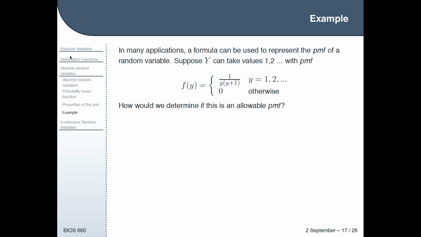The implication here is that if you plot the cumulative distribution function of a discrete random variable, it will not be continuous. It'll end up being a step function.